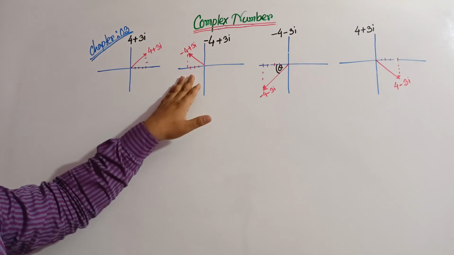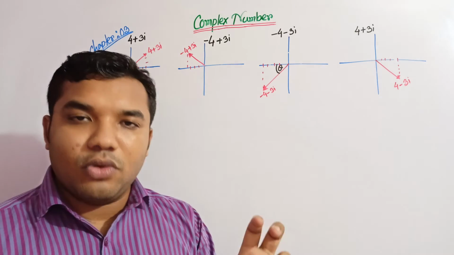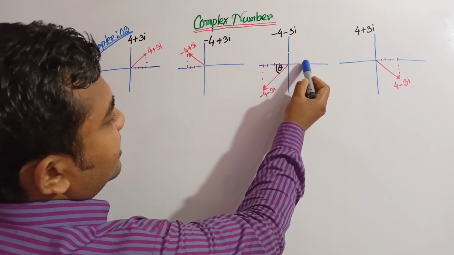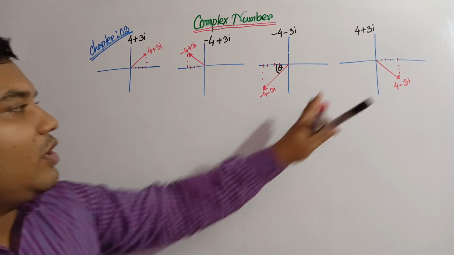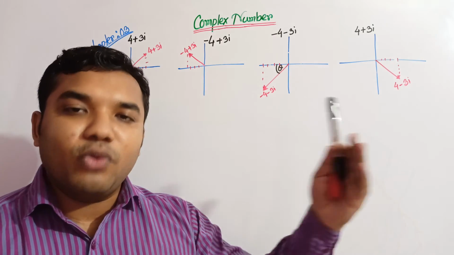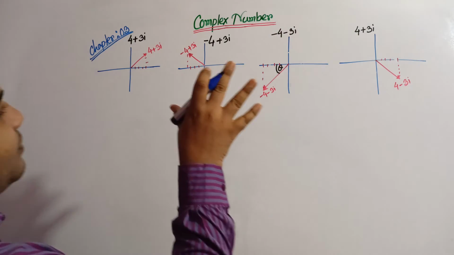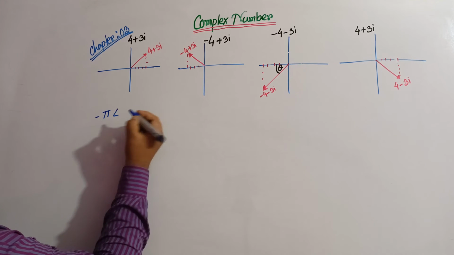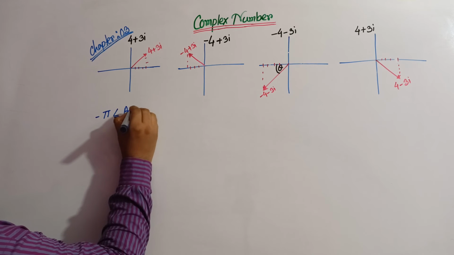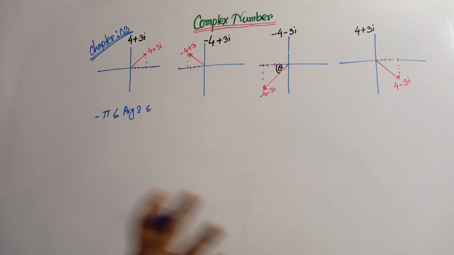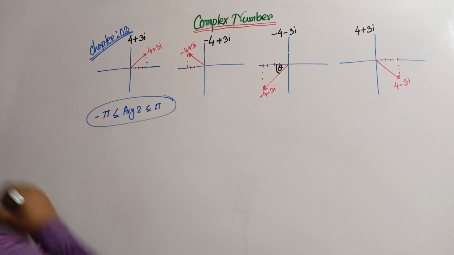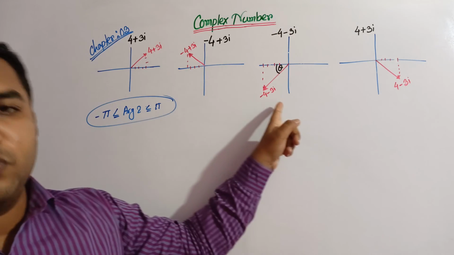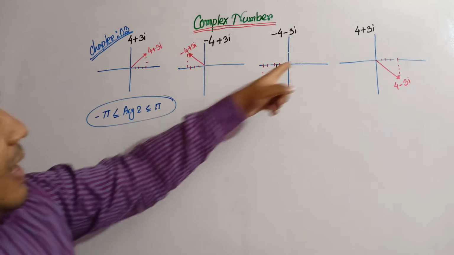We have solved these two by following the anti-clockwise direction, but if we find this one anti-clockwise, then the angle will be more than 180 degrees. But in the case of argument, we have to maintain the formula that minus pi is less than or equal to the argument of z, which is less than or equal to pi. So this limit says we can't go this way, rather we have to think of it clockwise.